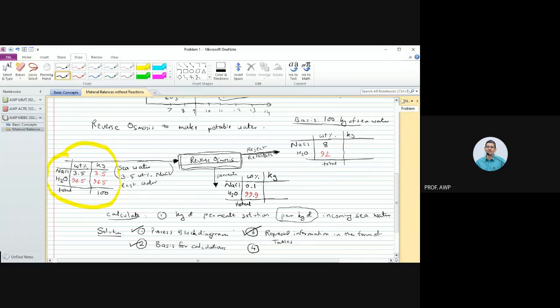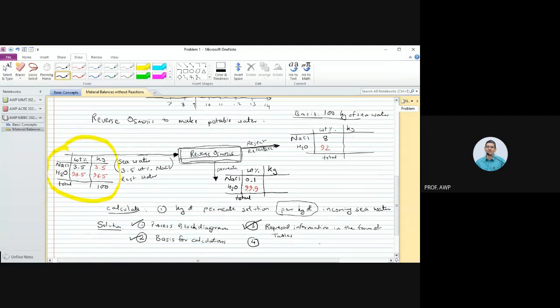Okay. Now let's go forward. The next thing that we are going to do is start doing material balances. For doing material balance, we need an envelope over which we are going to do material balance. So just let me give you an example.